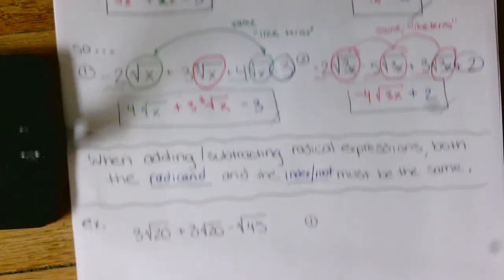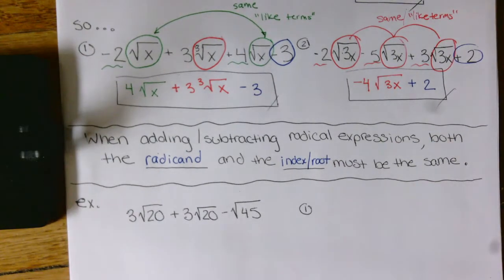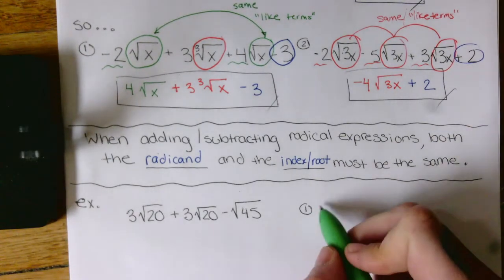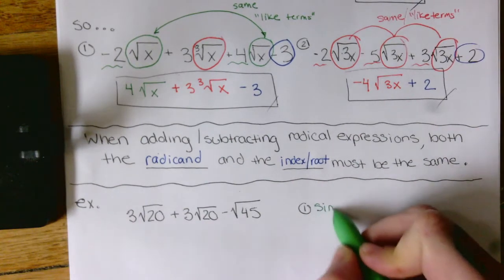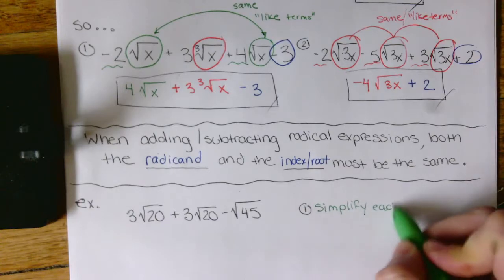must be the same. All right, so let's say I give you an expression like this and I want you to simplify it. First, we need to simplify each expression or term.